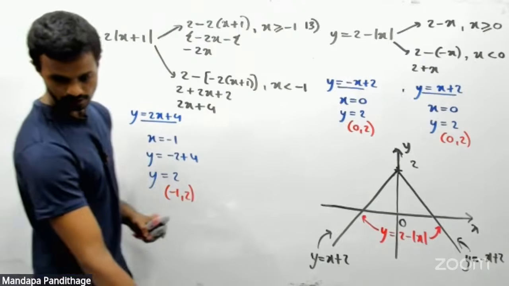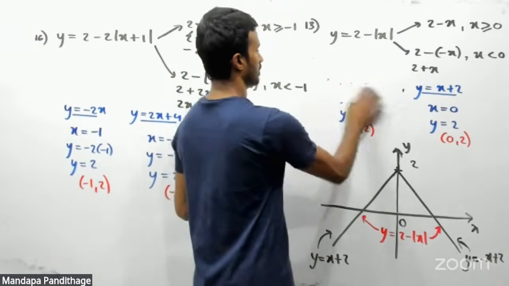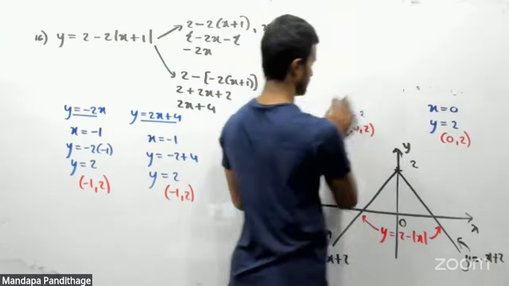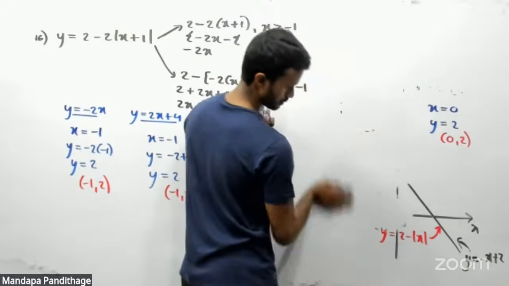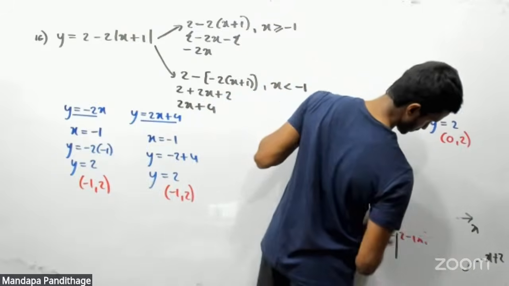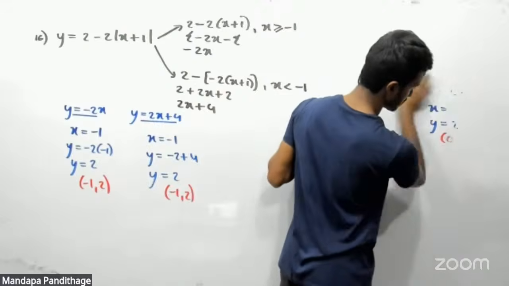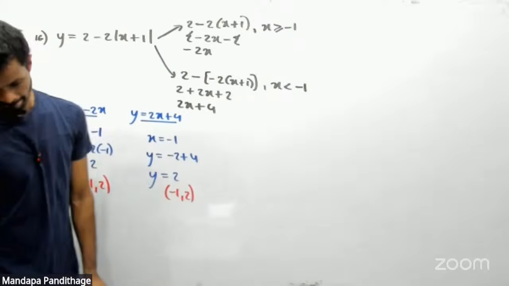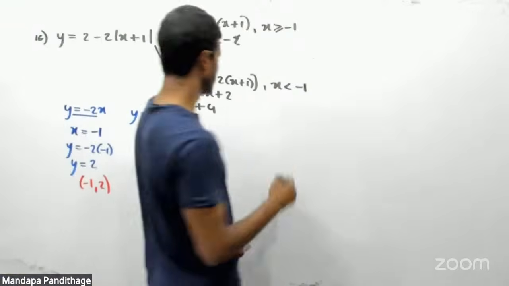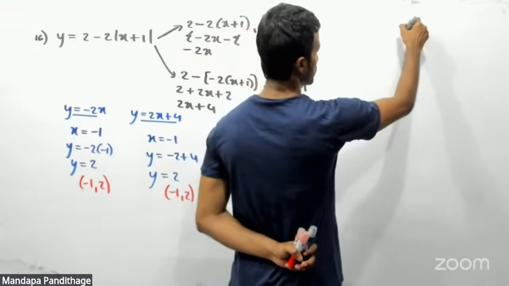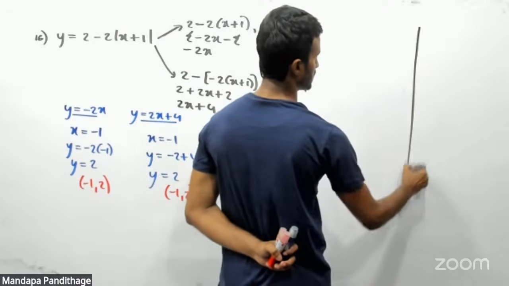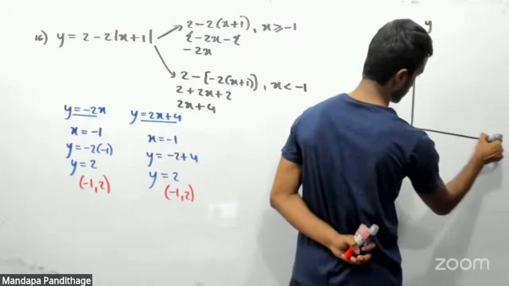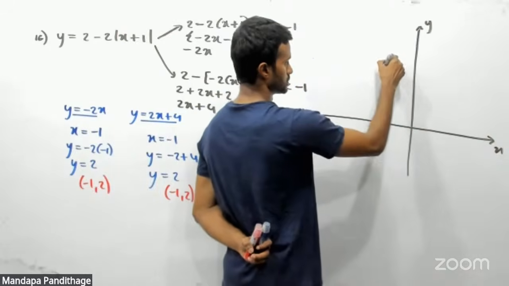Okay, so now let's sketch the graph. Here the turning point is minus 1, 2.